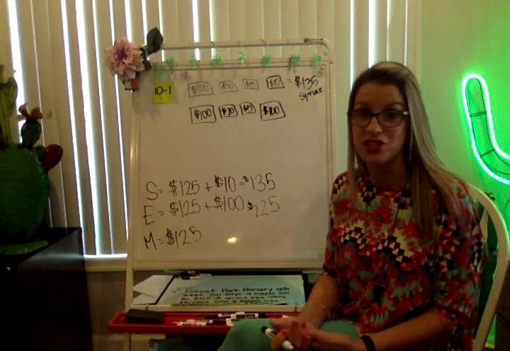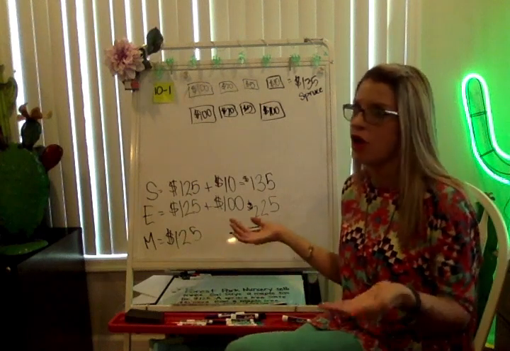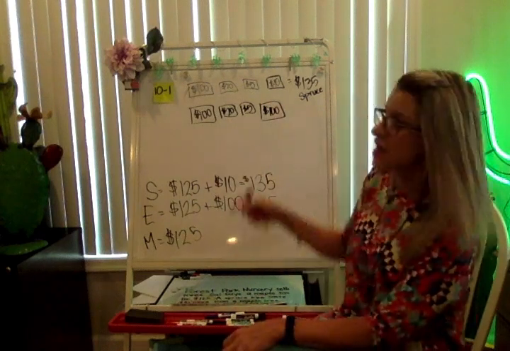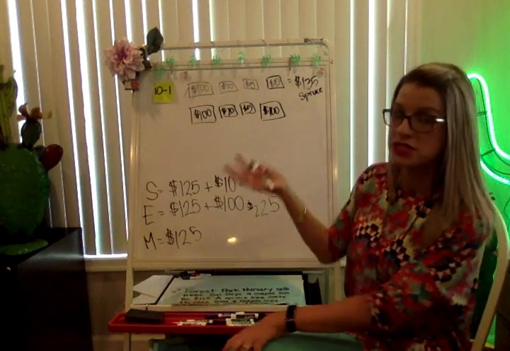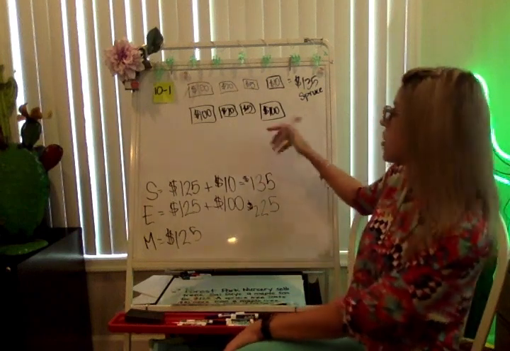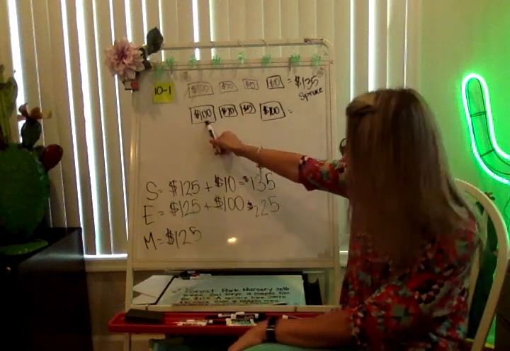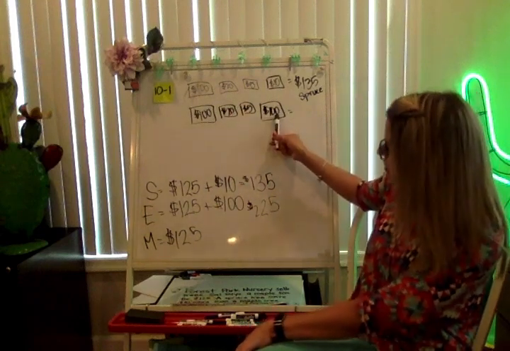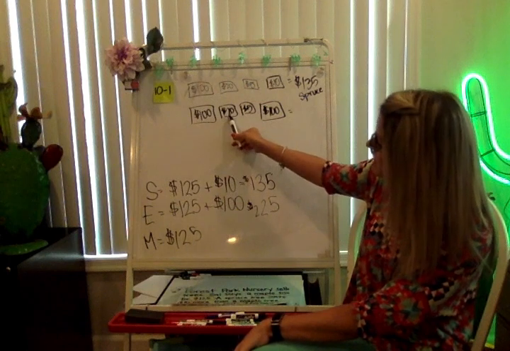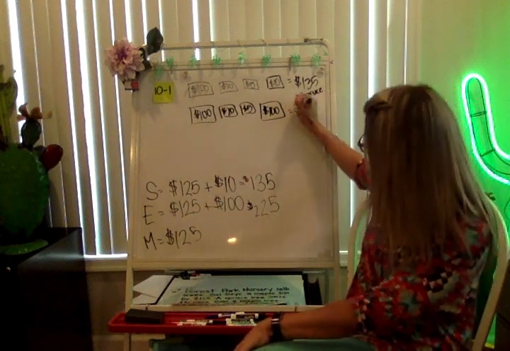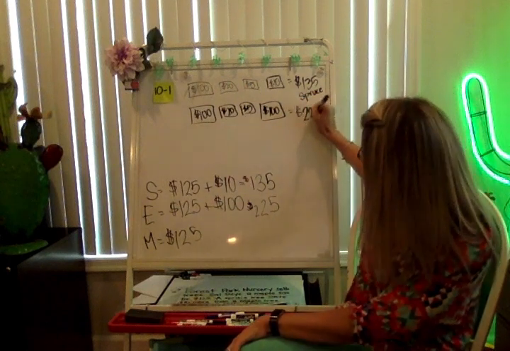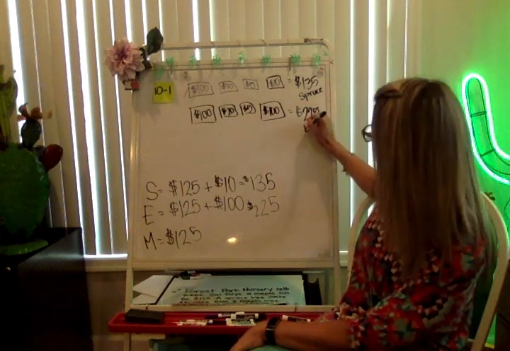I could draw out a bunch of 10s. I could even draw 100 ones if I wanted to. The best option would be to use the largest bill possible, which is a $100 bill. So if I add these together, 100 plus 100 is 200. So 220, 225. And that's what I would get for the elm.